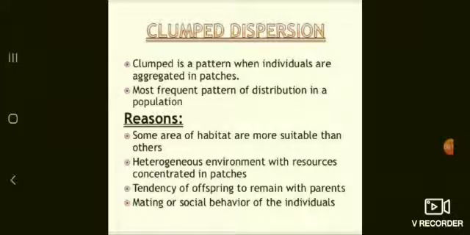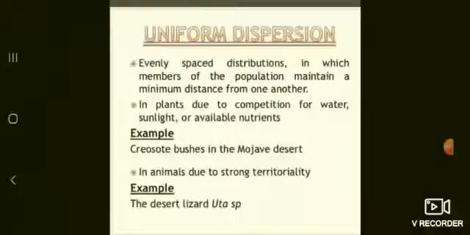It is the most frequent pattern of distribution in a population because some areas of habitat are more stable than the others. Heterogeneous environment with resources concentrated in patches. Tendency of offspring to remain with parents. Mating or social behavior of the individuals.